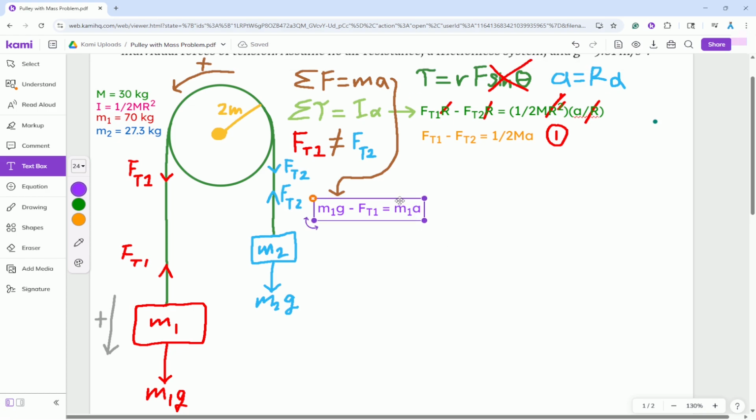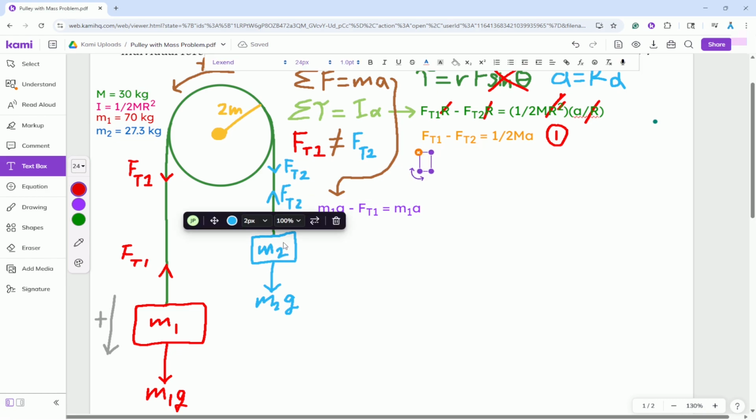There you go. And this is just the acceleration of the block, right? But you're also going to get another equation. And I'm going to write it up here.